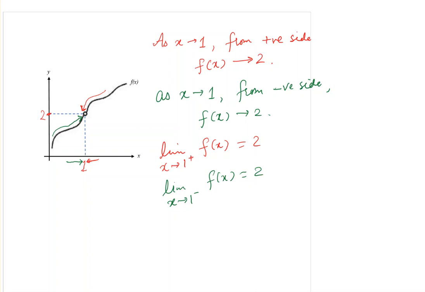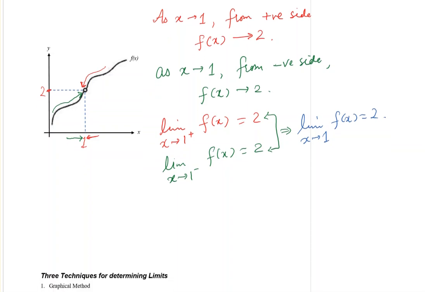Since 2 is a finite real number, these two together imply that the limit as x approaches 1 of f(x) is equal to 2. If both the left-hand side and right-hand side limiting values are equal, then we say that the limit exists and it's equal to that number.